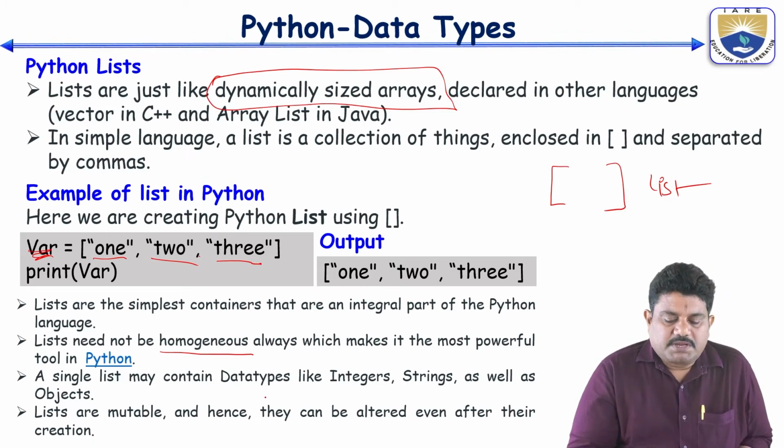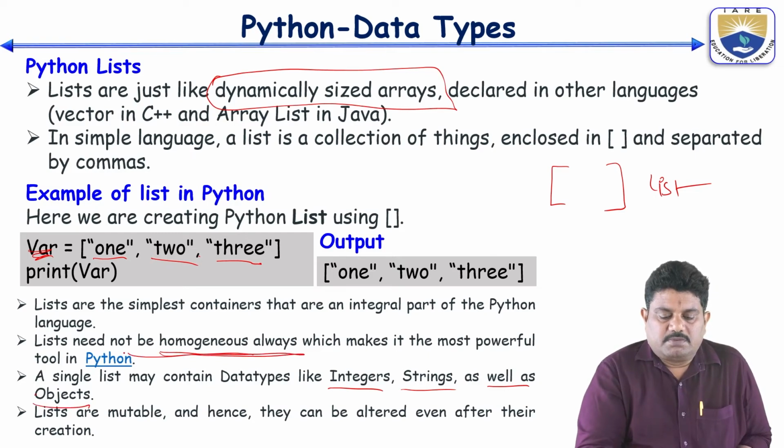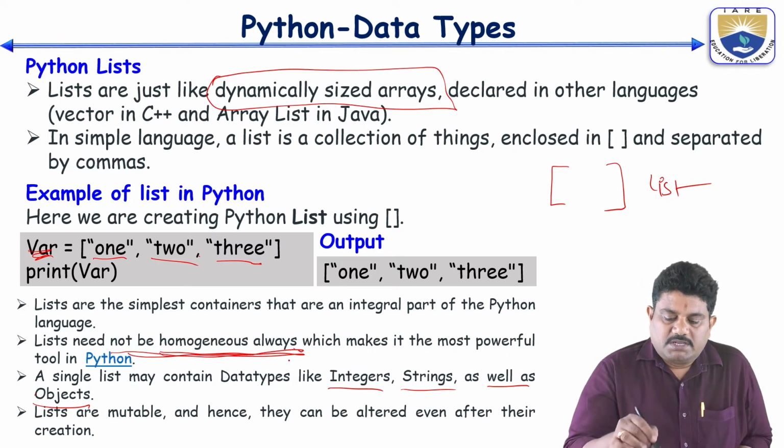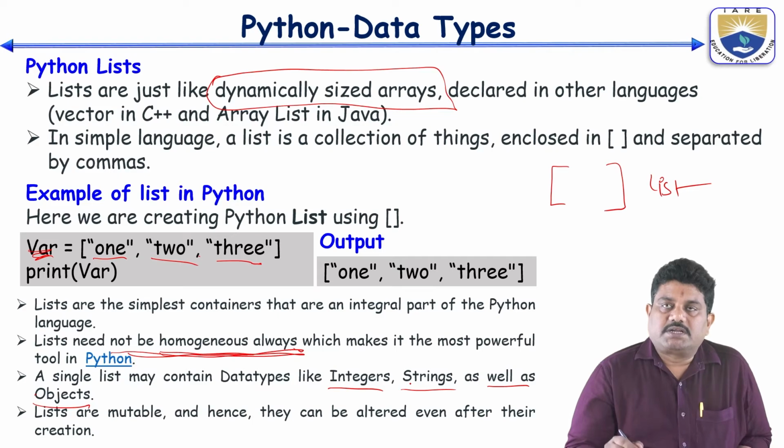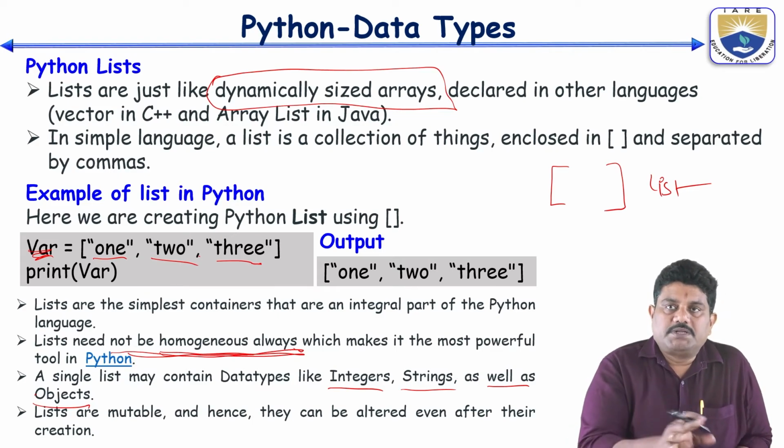A single list may contain data types like integers, strings, as well as objects. This is the meaning of the above statement. So what does not homogeneous always mean? The next statement is explaining. A list can contain integers, strings, objects, or a combination of all the things.